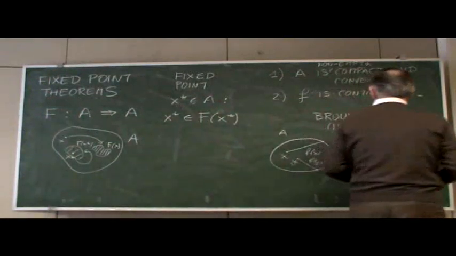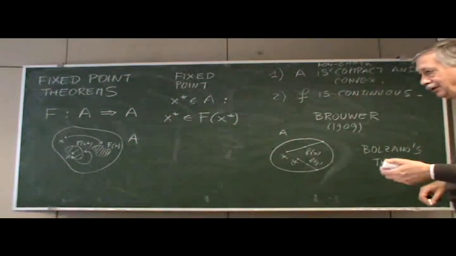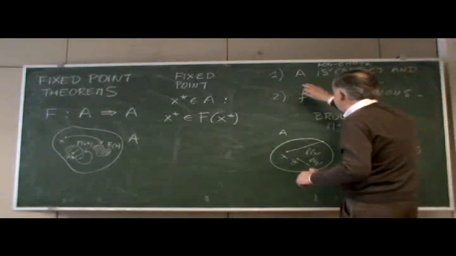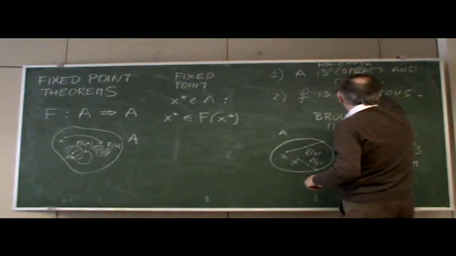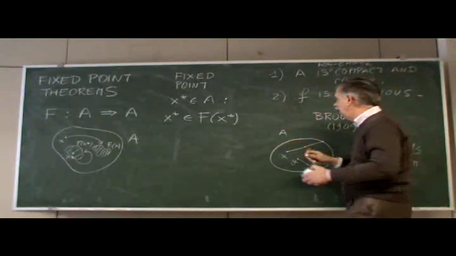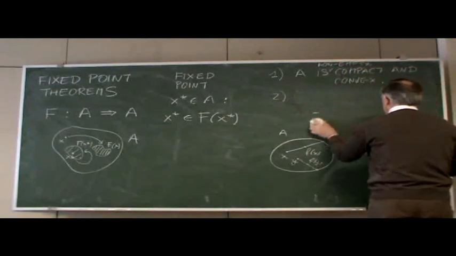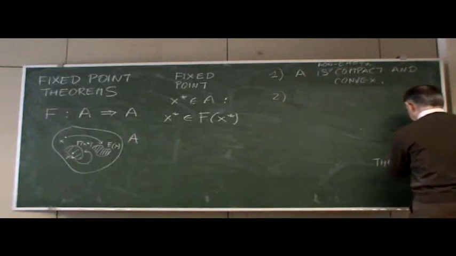In order to prove this theorem, some of the hypotheses which we introduced for the function remain unchanged. The first, substantially, the set A must be non-empty, compact, and convex. But the continuity of F must be substituted by other properties.